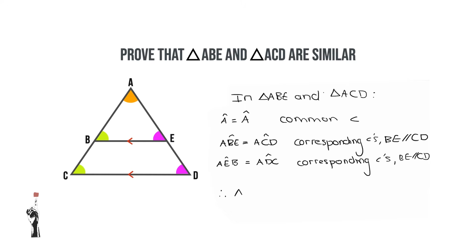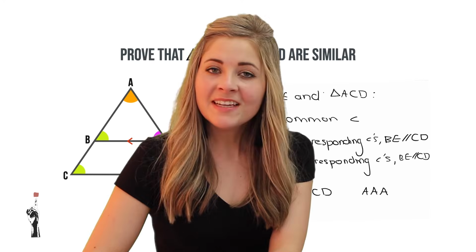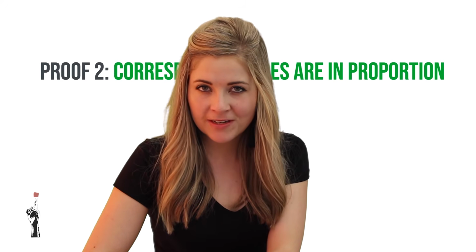Therefore, I can write that triangle ABE is similar to triangle ACD with my reason angle, angle, angle. Once again, looking at the order, depending on which angles are equal. The second method to prove that triangles are similar is to prove that the corresponding sides are in proportion.